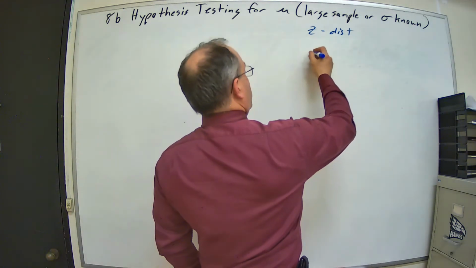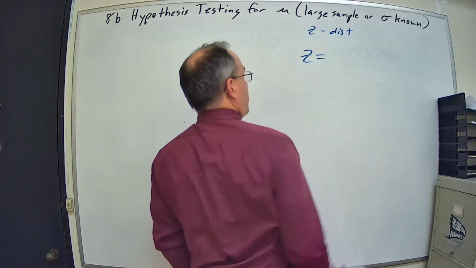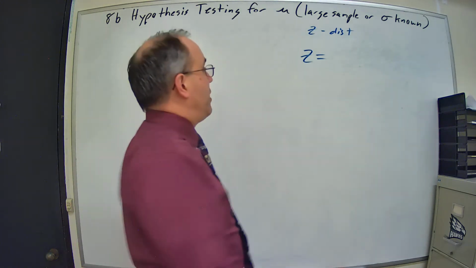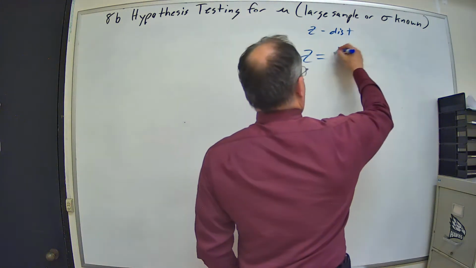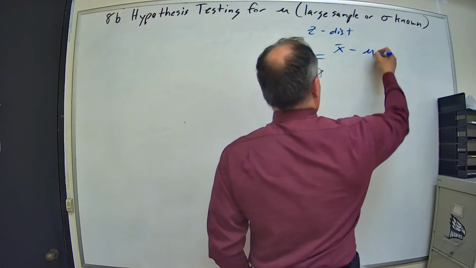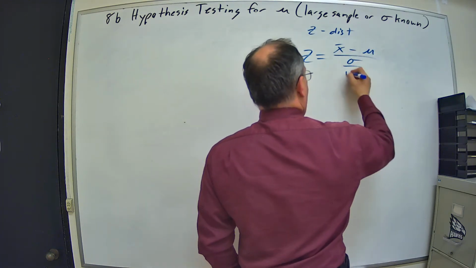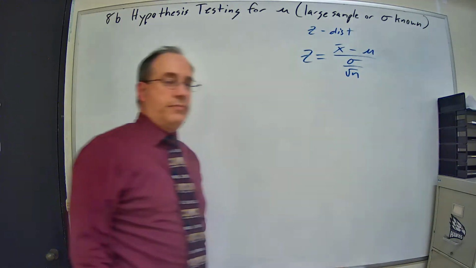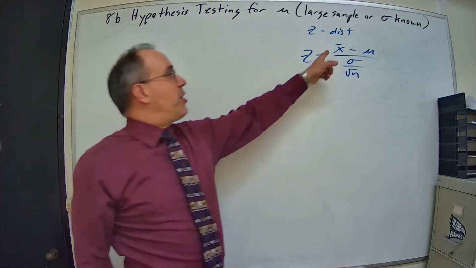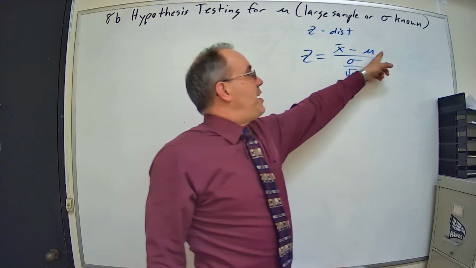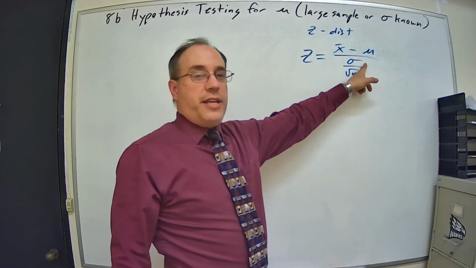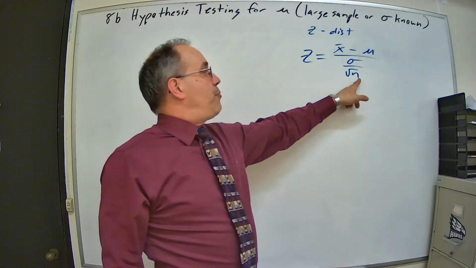Remember, a z-score is found by taking x bar minus mu over sigma over the square root of n. So we can use our test statistic, the claim, the population standard deviation, and the sample size.